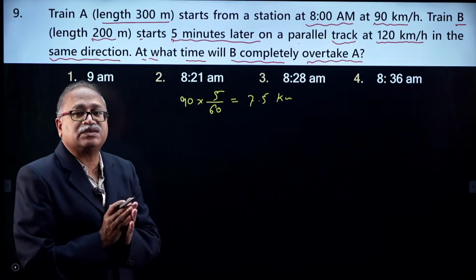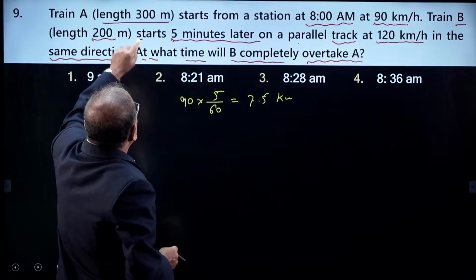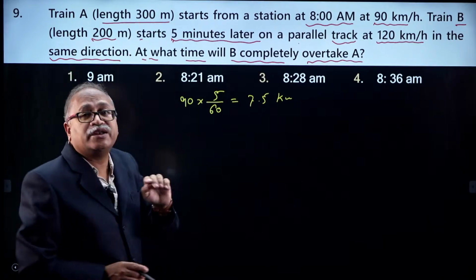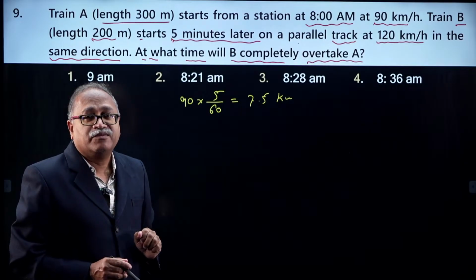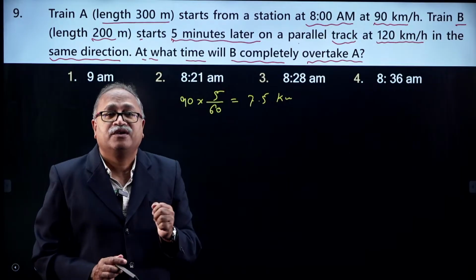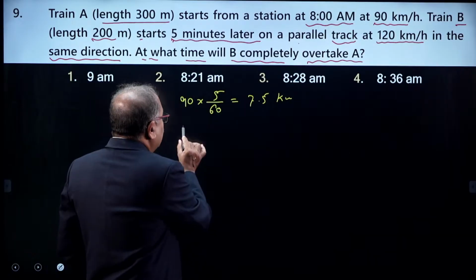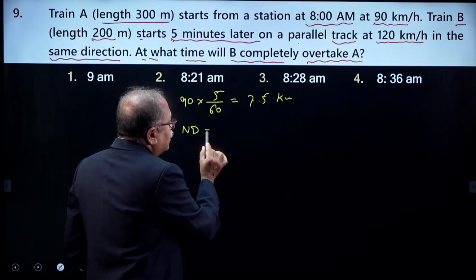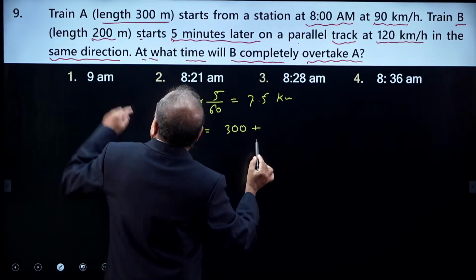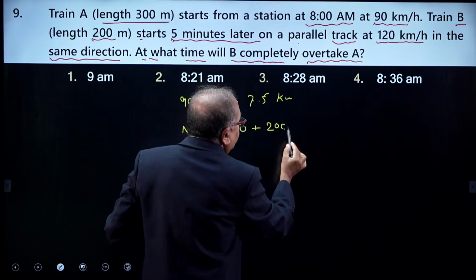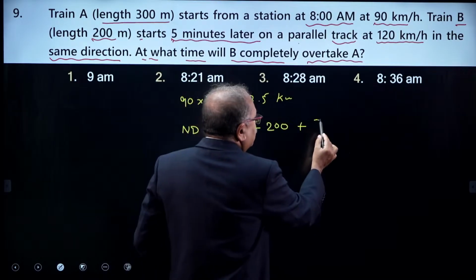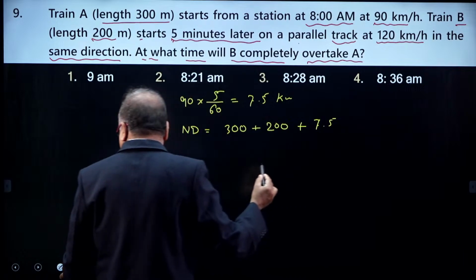If both of them had started at the same time, the total distance would have been 300 meter plus 200 meter, 500 meter. But A has already travelled 7.5 kilometer. Now the new distance, I am just writing ND, is 0.5 kilometer plus 7.5 kilometer.